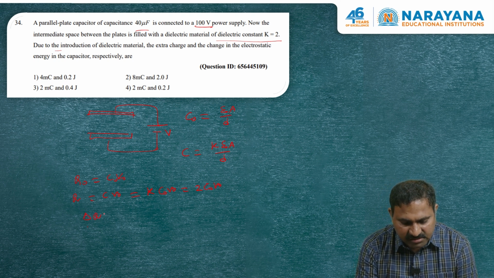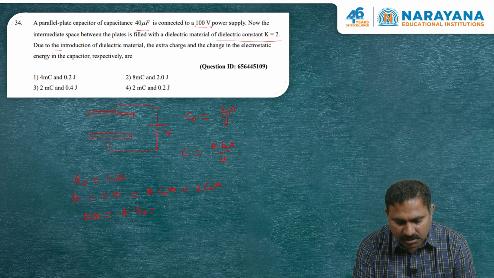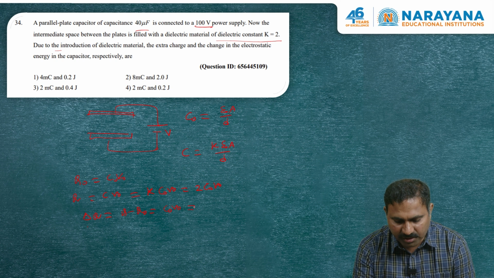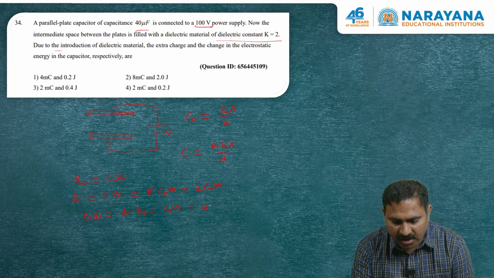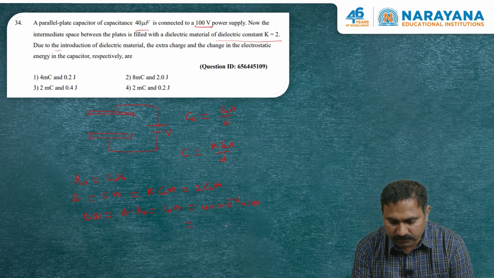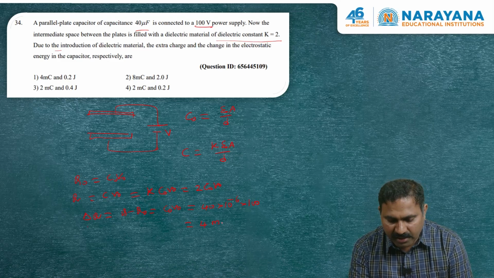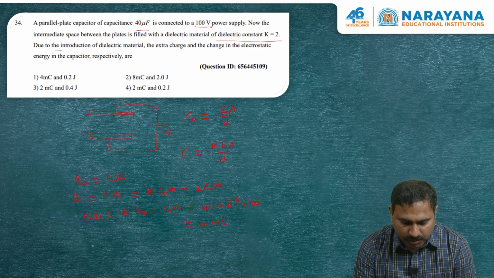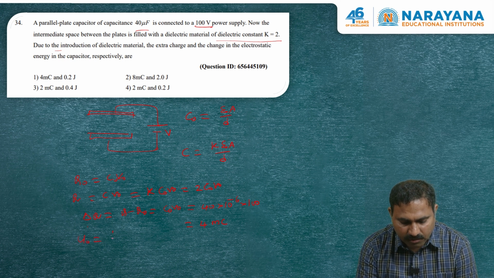So the extra charge supplied by the battery equals Q minus Q naught, which is 2 C naught V naught minus C naught V naught. It will be C naught V naught numerically, where C naught is 40 microfarad and voltage is 100 volts. So this is equal to 4 millicoulomb. Now the extra energy stored: the initial energy stored U naught equals half C naught V naught square.